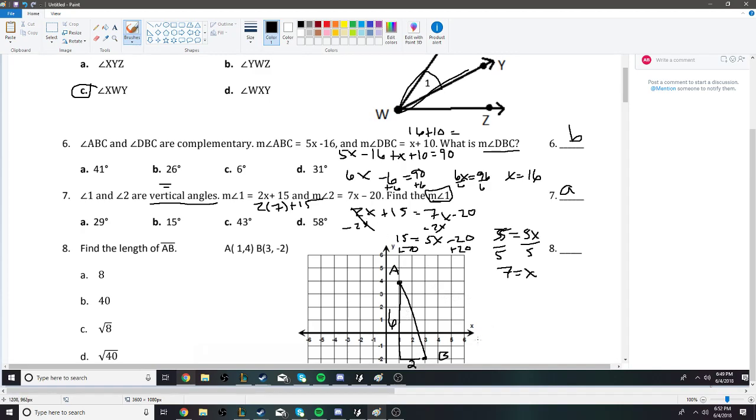So to find the missing side of the triangle, we use a squared plus b squared equals c squared. A could be 2, so that's 2 squared. Plus b could be 6, so that's 6 squared equals c squared. 4 plus 36 is equal to c squared. 40 equals c squared. And root both sides to get the square root of 40 equals c. This answer is D.